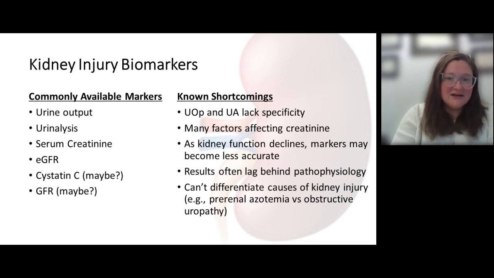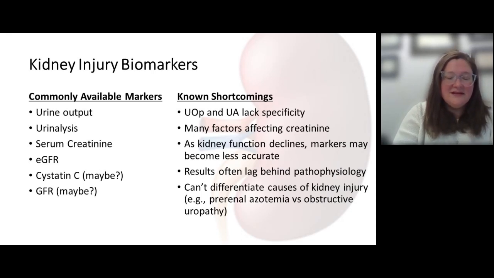As kidney function begins to decline, some of these markers may become less accurate. And most importantly for AKI, results often lag behind physiology. As kidney injury occurs, we often don't see a rise in serum creatinine until about 24 to 36 hours after that injury. And at that point, a lot of the damage has been irreversibly done.